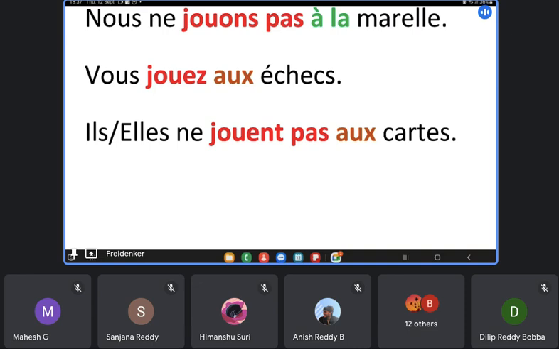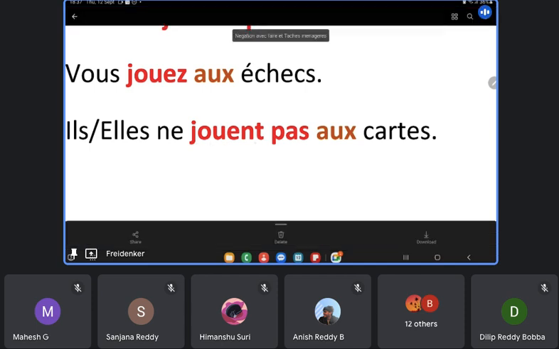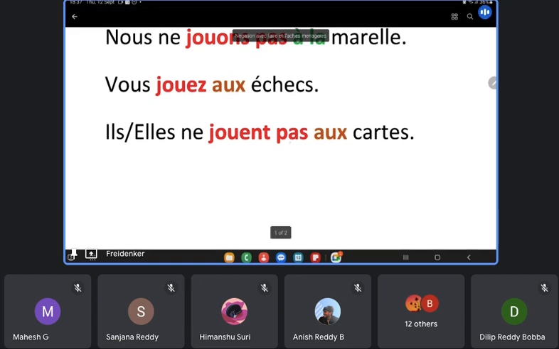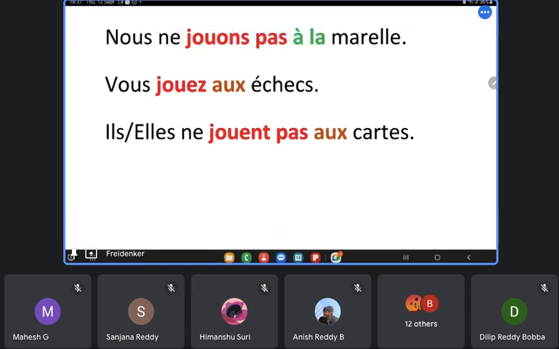Sentences might look big and confusing, but just break them into smaller parts. Il, elle, you know. Joue, you have to look at the conjugations. For which pronoun, which conjugation will come. You have to look at it. Here you added an extra ne and pas to negate the verb. Cartes is plural, so you will get aux.